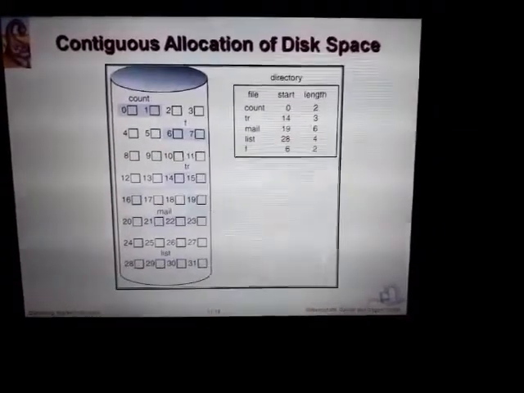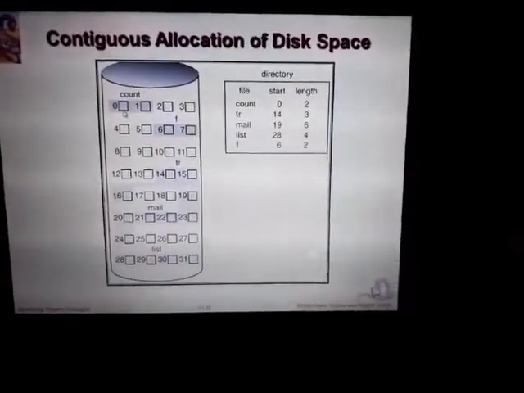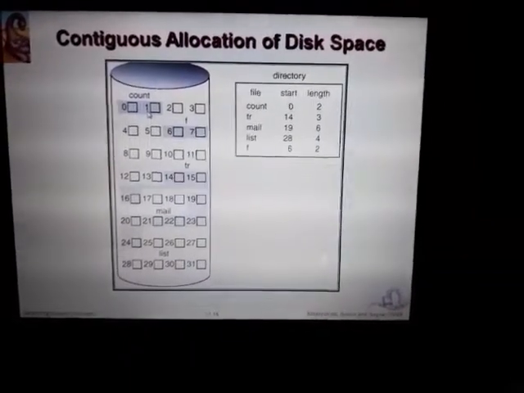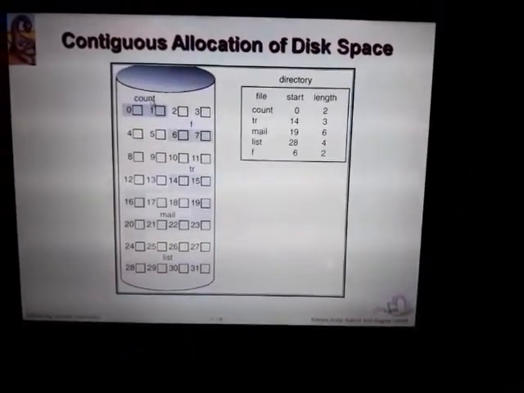In the diagram, for count, the start location is 0 and the length, the number of blocks, is 2. Two blocks are allocated to this particular file count.